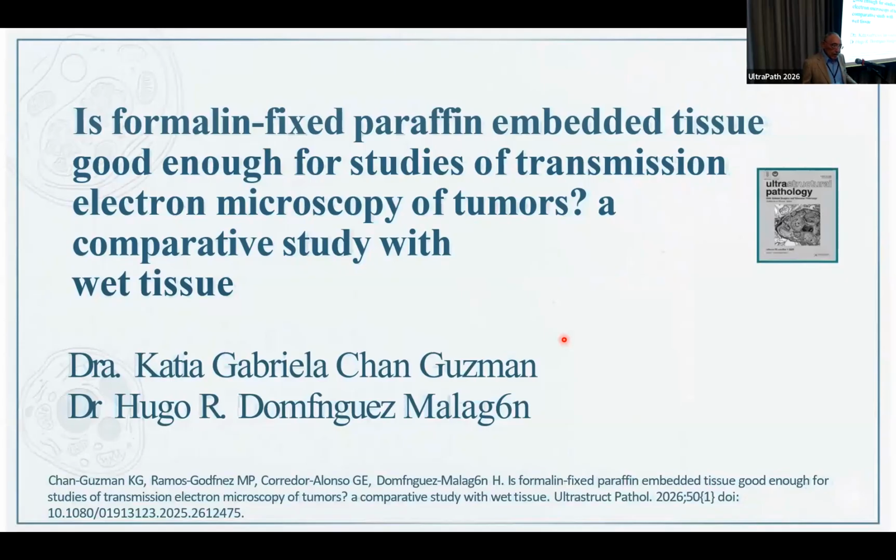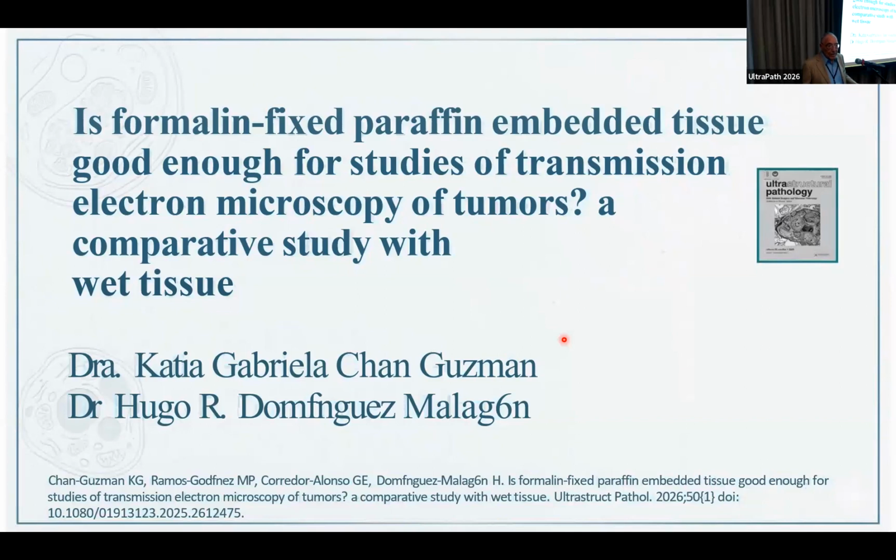And we all know that the tissue for electron microscopy has to be processed with that purpose. And if you don't do that, you won't see things for the diagnostic purposes. So we started working with wet tissue, formalin fixed. It has to be wet.